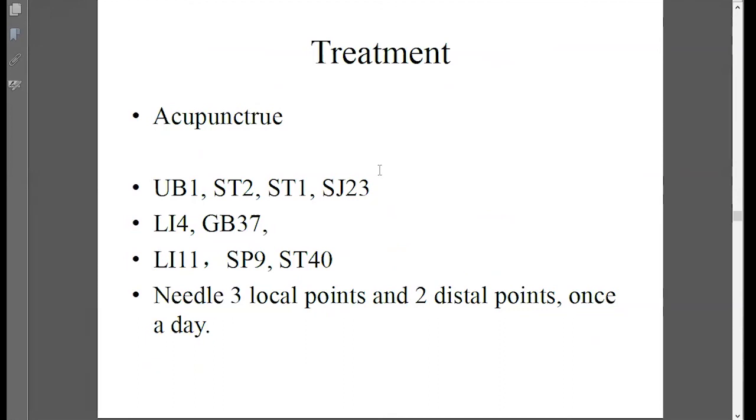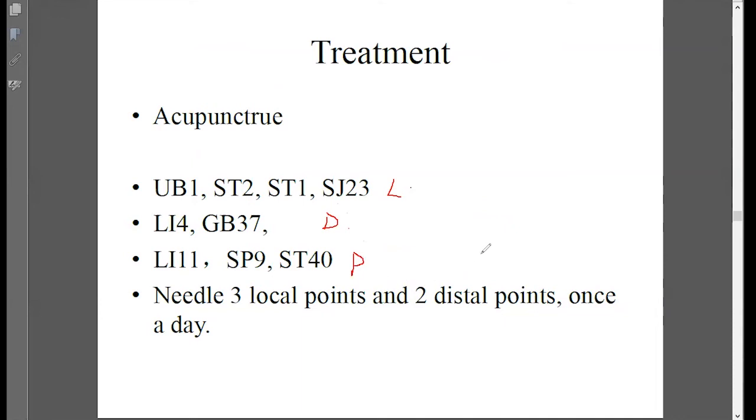So treatment, we still say local points, distal points, and the pattern points.